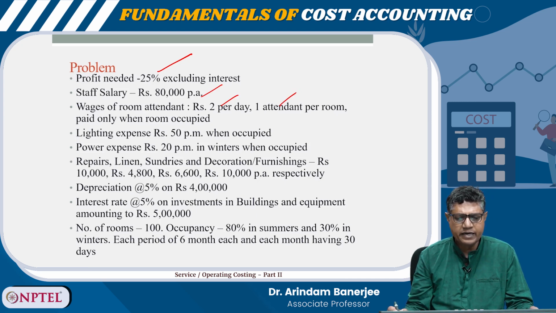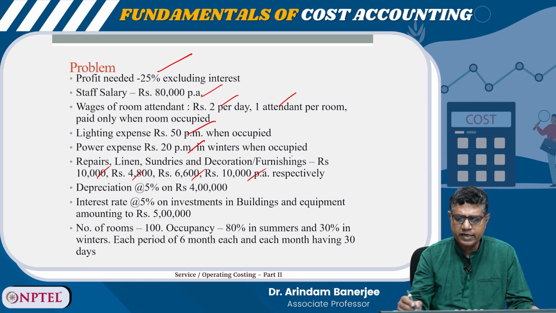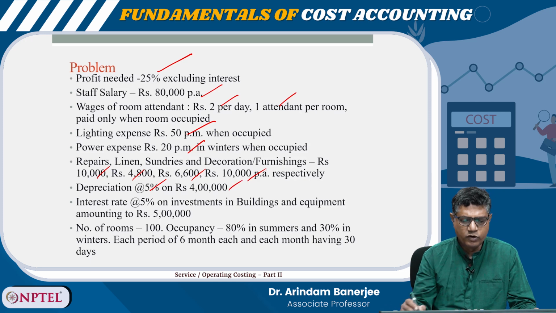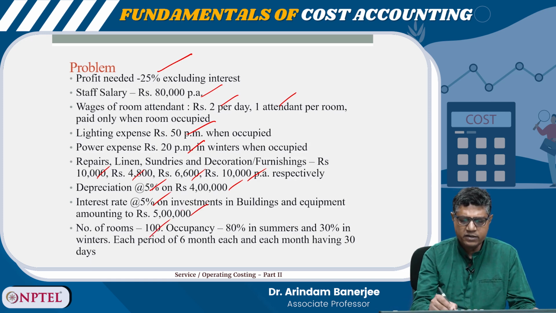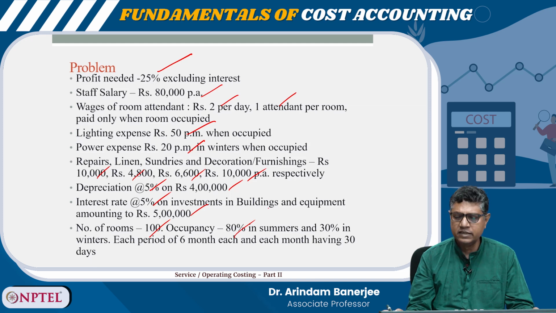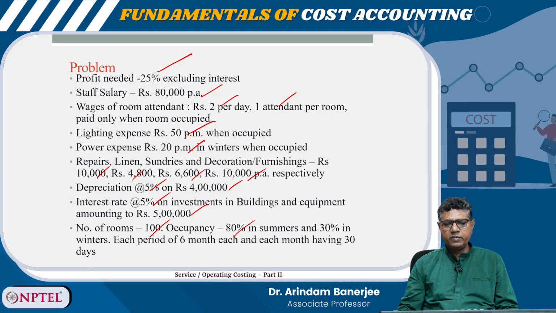Lighting expense 50 per month. Power expense 20 per month. Repairs, linen, sundries and decoration, etc., rupees 10,000, 4,800, 6,600 and 10,000 per annum respectively. Depreciation 5% on 4 lakh. Interest rate 5% on 5 lakh. Number of rooms 100. Occupancy 80% in summers and 30% in winters. Each period is of 6 months, and each month has 30 days.